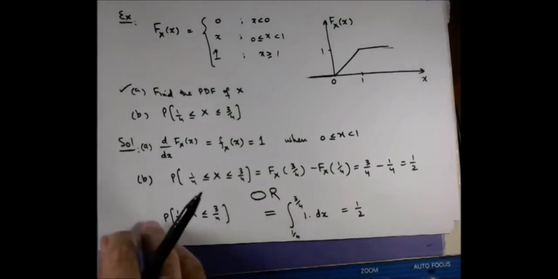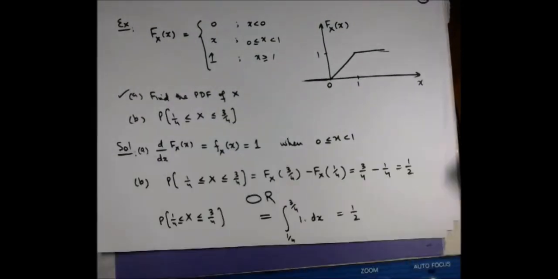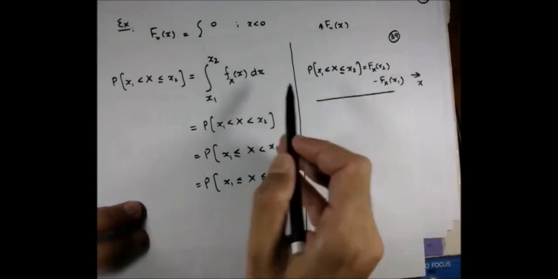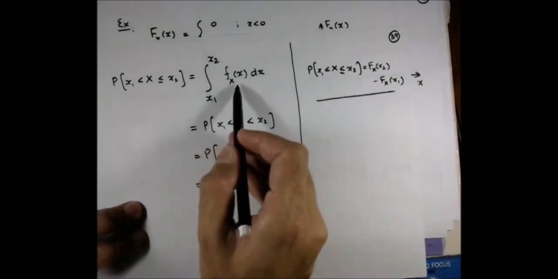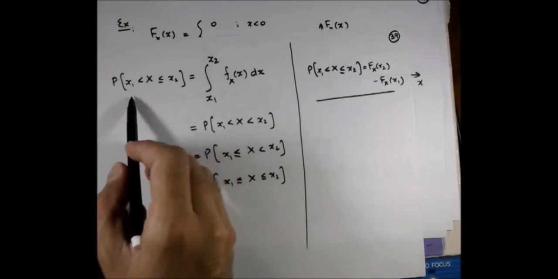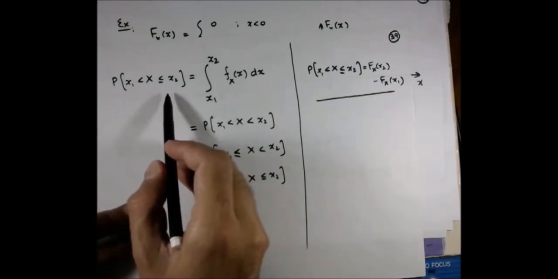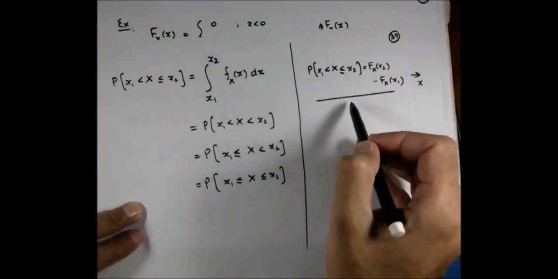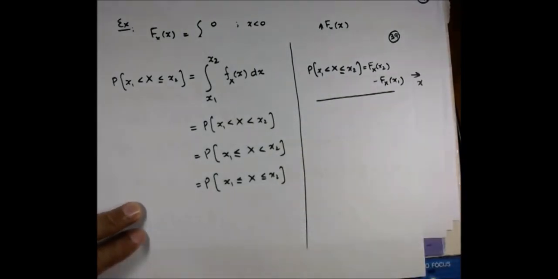My recommendation again is that if you have both the CDF expression and the PDF expression available, to find the probability of a meaningful interval, always utilize the CDF expression. But this recommendation is only for one-dimensional continuous random variables.